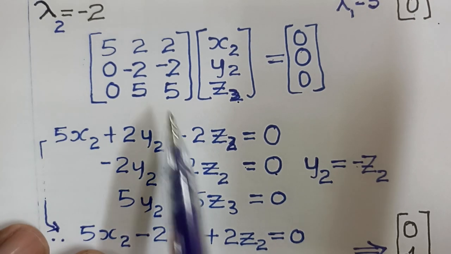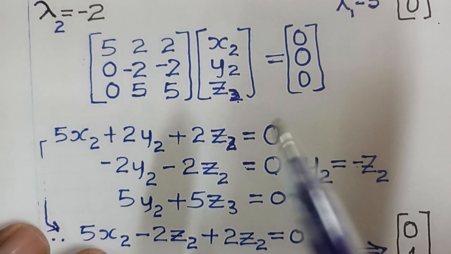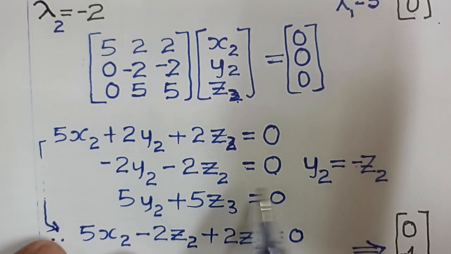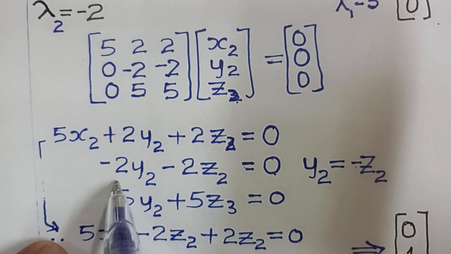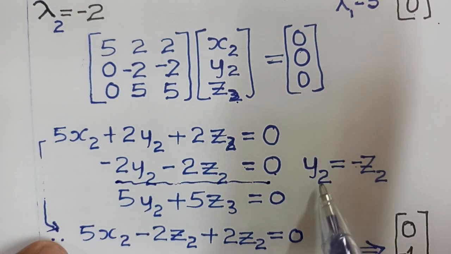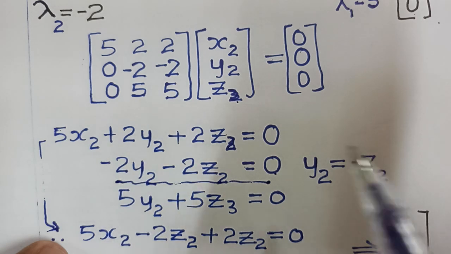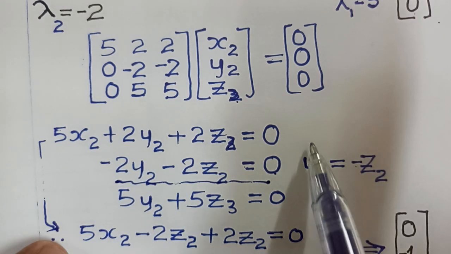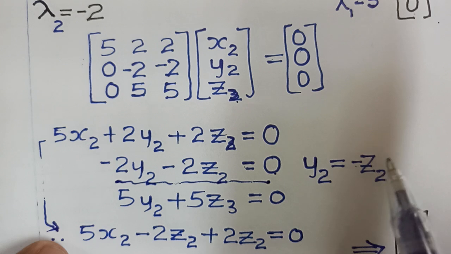Finally, we shall have 5y2 plus 5z2 equals 0. Having that, guys, as you can see, y2 is equal to negative z2 according to this equation. So if y2 is 1, then z2 is going to be negative 1.